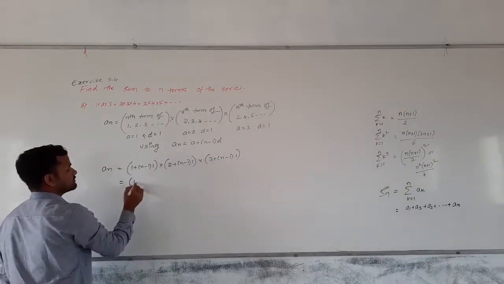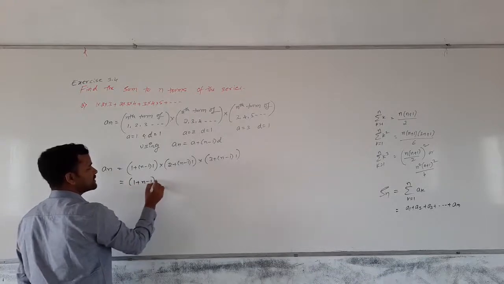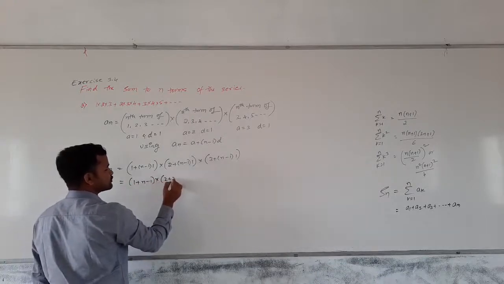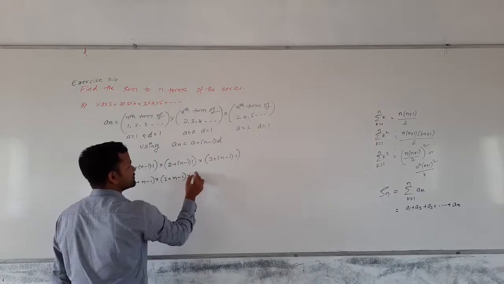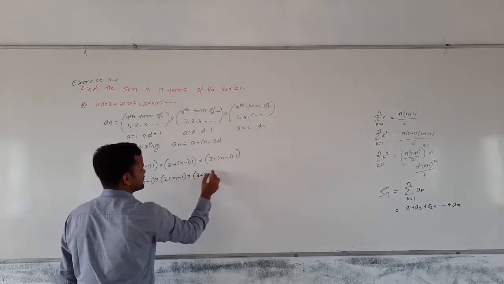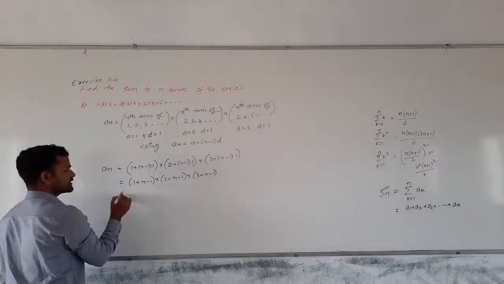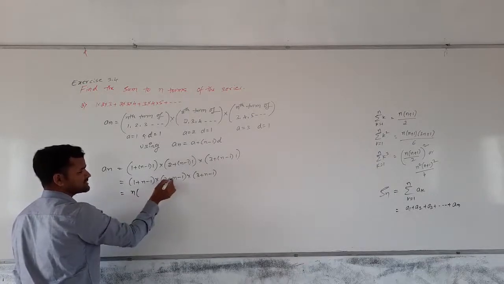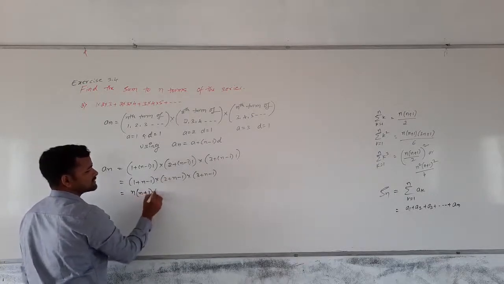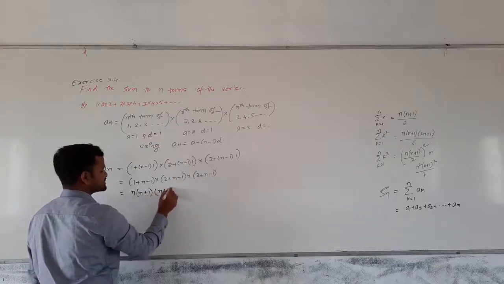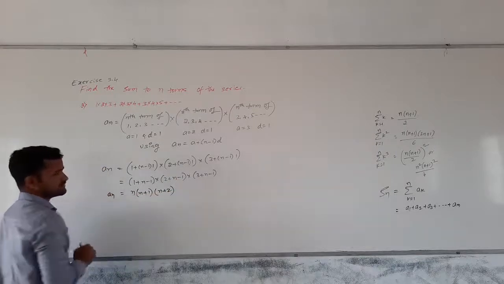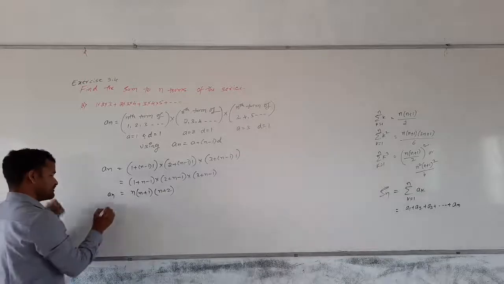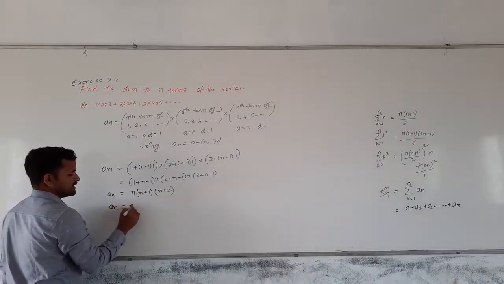Now here we have 1 plus n minus 1, which is multiplied with 2 plus n minus 1, multiplied with 3 plus n minus 1. Plus 1 minus 1 gets cancelled, so we get n, this one is n plus 1, this one is n plus 2. This is the an we are calculating. Now an is equal to n as it is.